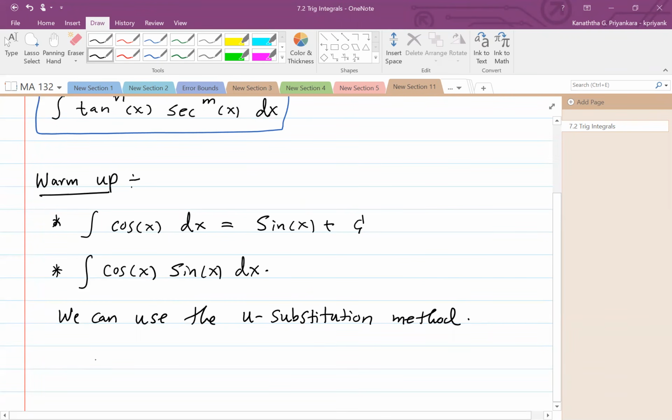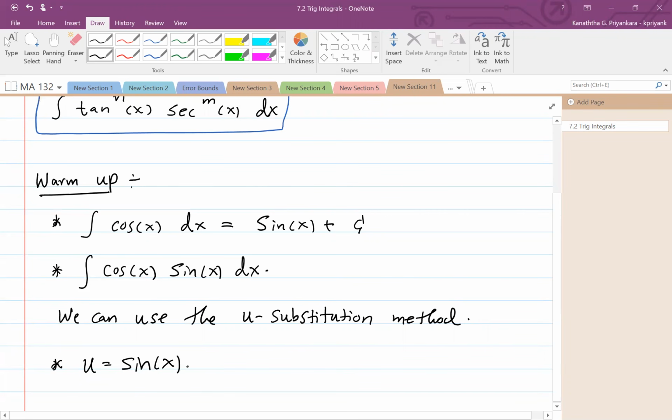I would like to use sine. If you use cosine also, that will work. In this case, it doesn't matter which one you use, you will get the answer. So u is sine x.